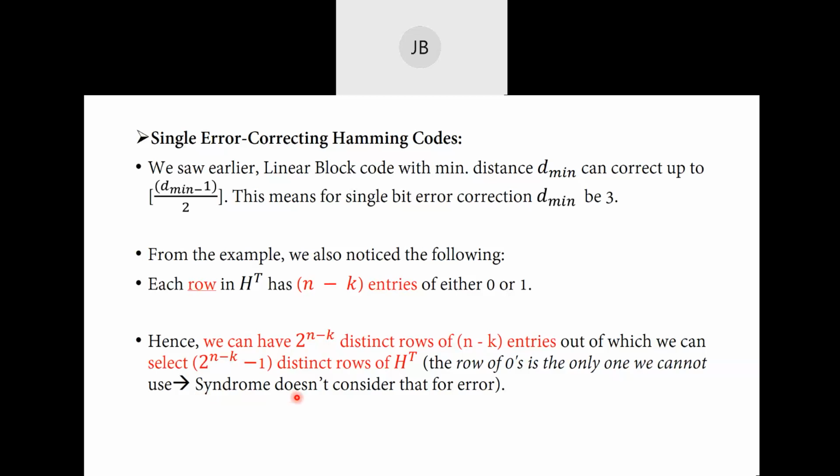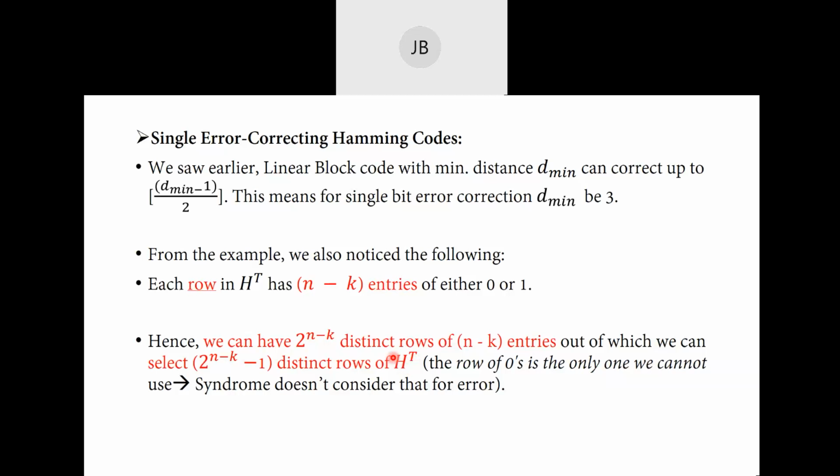If there is any error, when we find the syndrome vector, it will represent one of the rows in H transpose. This is what we saw in the earlier example in the previous lecture. If the bit pattern in the syndrome vector is 0, 0, 1, we check which row of H transpose has 001.